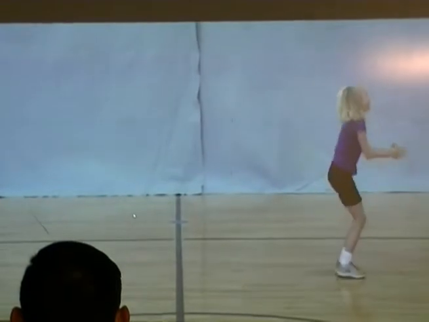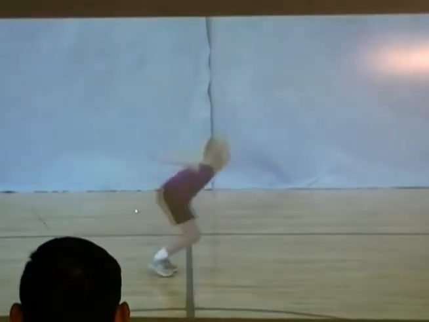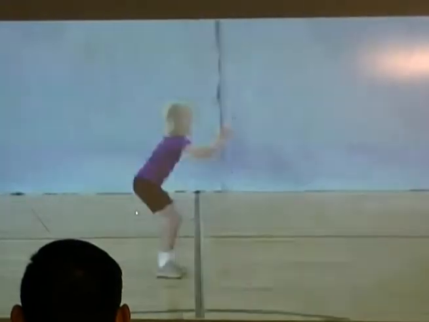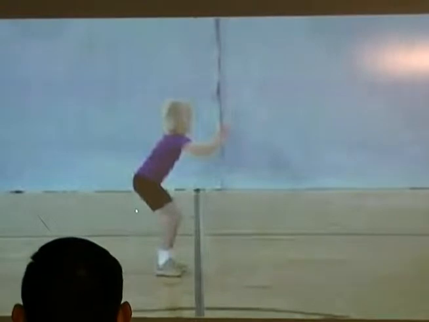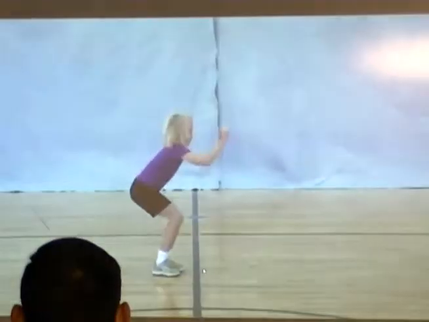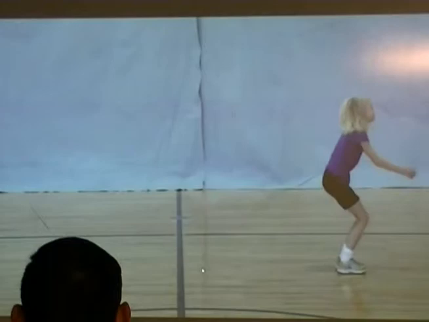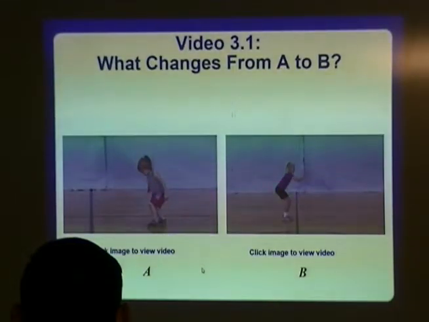It's not helping her jump forwards. But we've got more distance, so we know she's applying more force if we were able to measure force application on the floor. So very different pattern going on there.